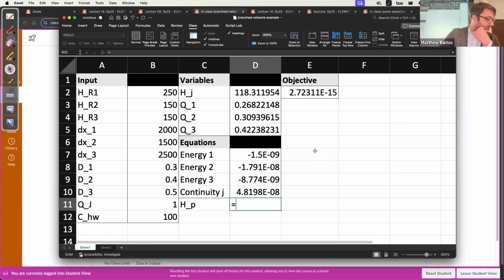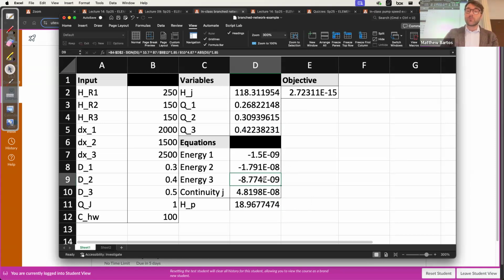This is going to be equal to, what was our polynomial again? -50 times, in this case, Q3 squared, minus 5 times Q3, plus 30. So we'll have -50 times Q3 squared minus 5 times Q3 plus 30. So this is our pump head.